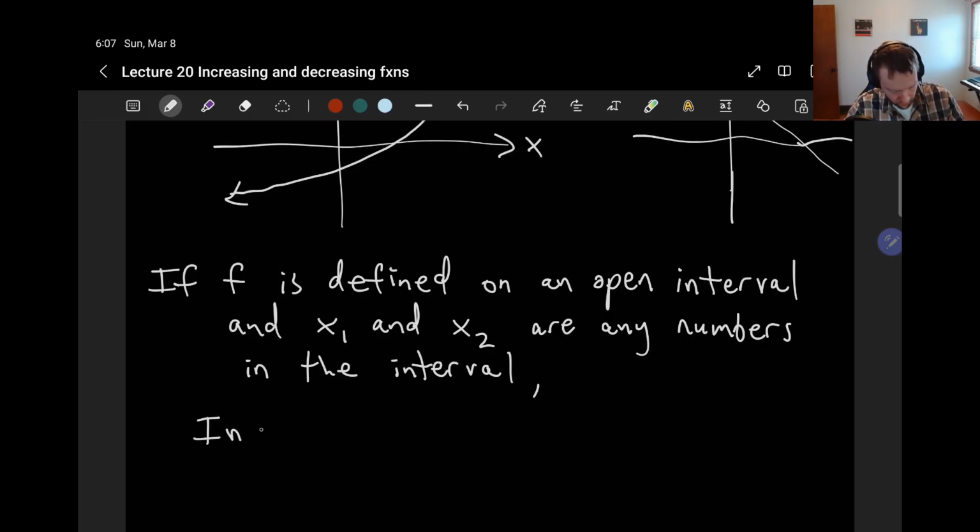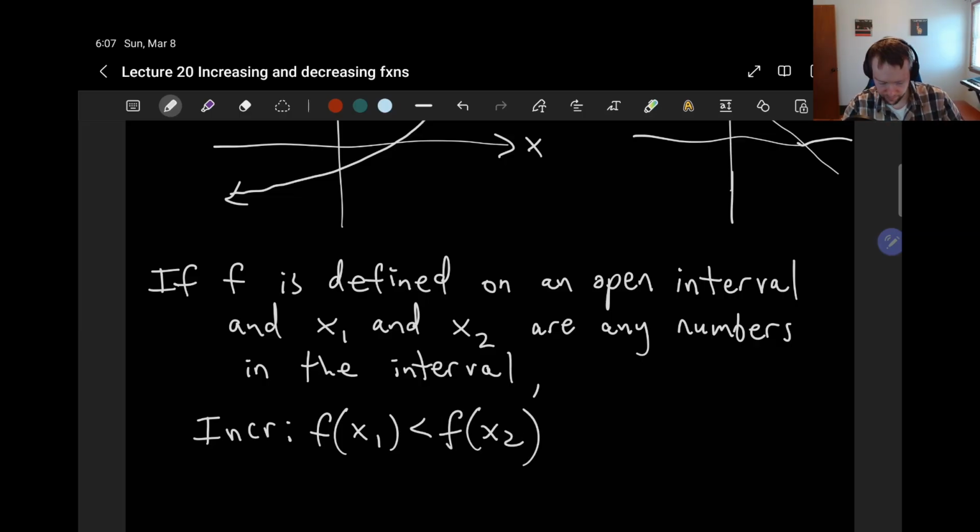So we are increasing if f of x1 is less than f of x2. So these are y values. Whenever x1 is less than x2. All right, so I picked two numbers in my interval, x1 and x2, where x2 is the bigger number.